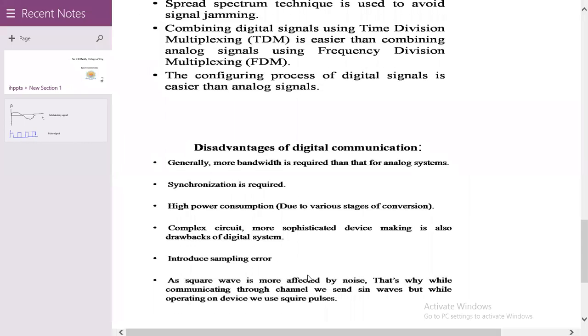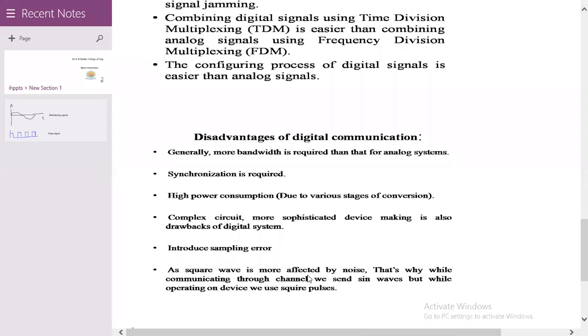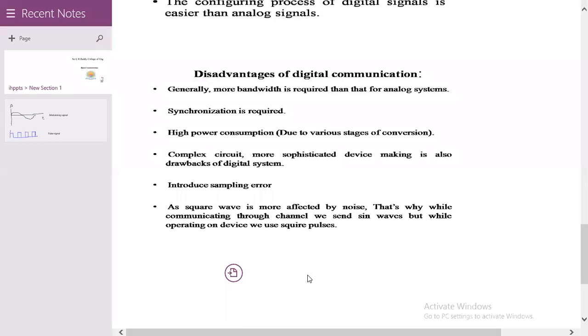And the disadvantage of the digital communication system is bandwidth requirement. Here every message is converted into digital form, which consists of symbols. The information rate is the number of symbols transmitted per second.